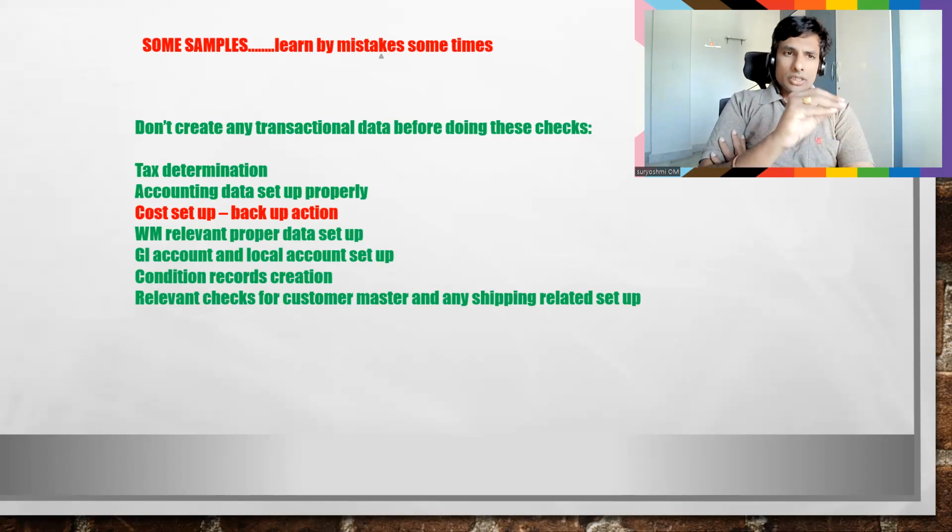In rollouts, suppose you would like to run OTC, order to cash: order, delivery and billing. You have a lot of dependency. You have to create your customer master data, your material master data, and set up your condition master data. You think that is the only world, but there are some integrations also. For example, in your OTC process, availability check needs to be performed.